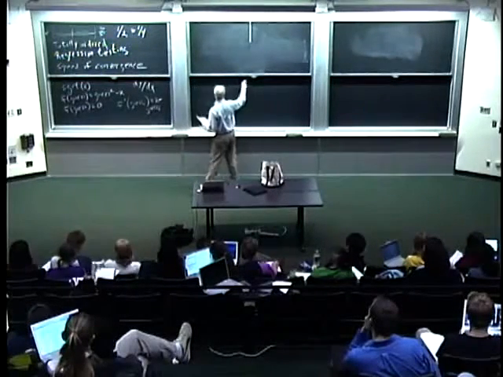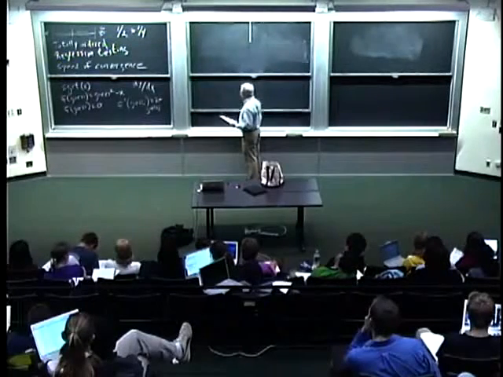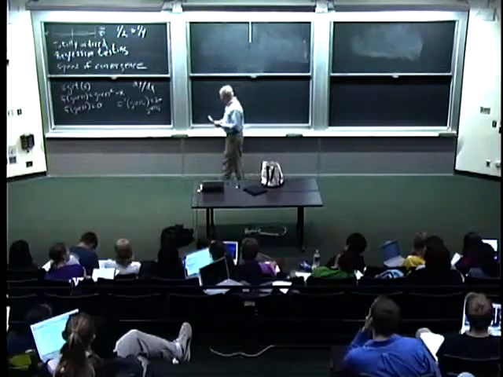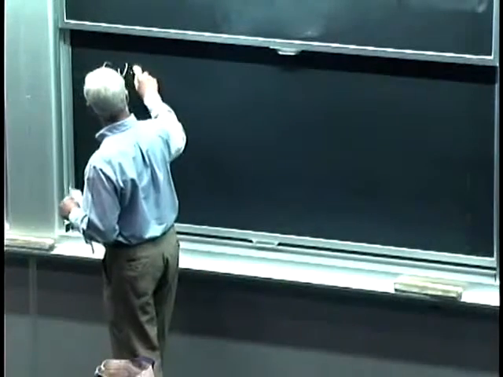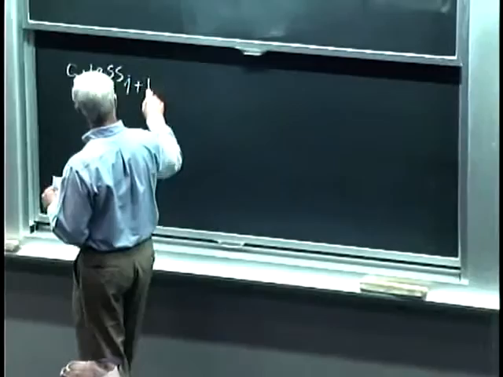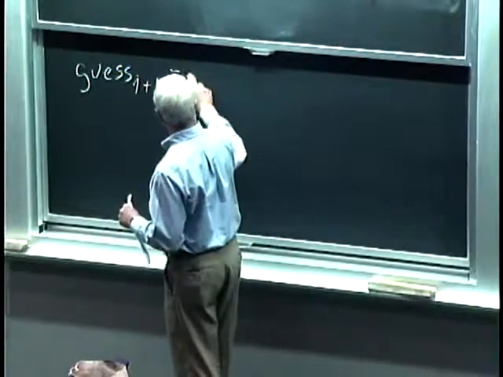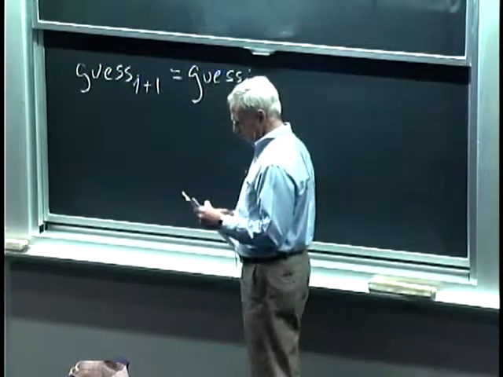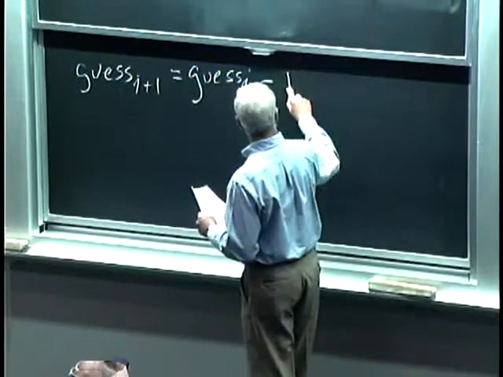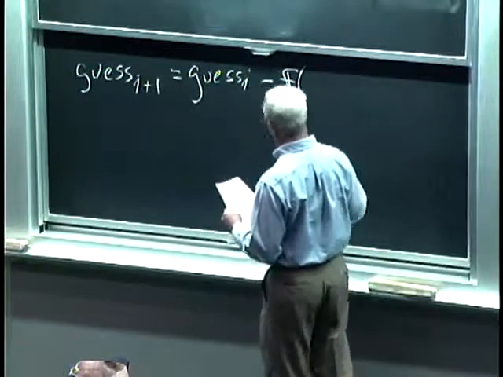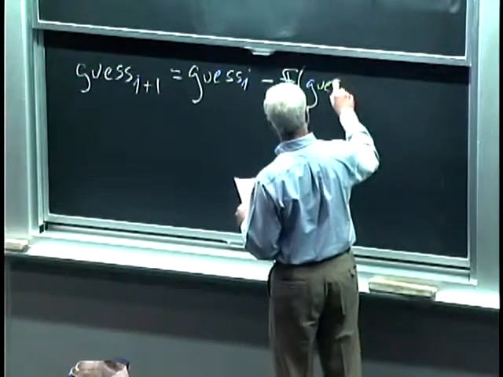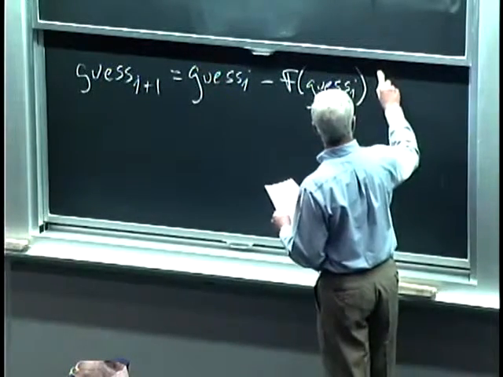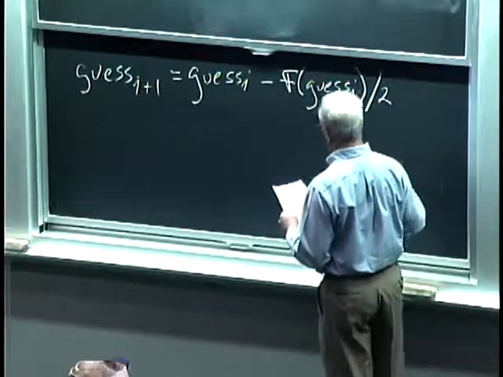Therefore, and here's the key thing we need to keep in mind, we'll know that we can choose guess i plus 1 to be equal to the old guess, guess i, minus the value of the function at the old guess, divided by twice the old guess.